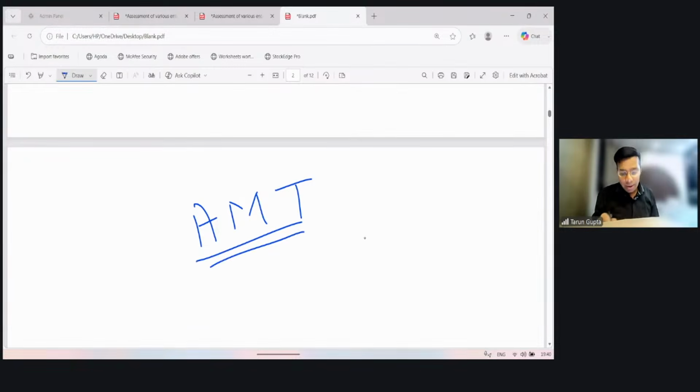MAT is applicable at the rate of 15%, while AMT is applicable at the rate of 18.5%. This AMT is applicable to all entities except companies, because for companies there is MAT, and for all other assessees there is AMT.